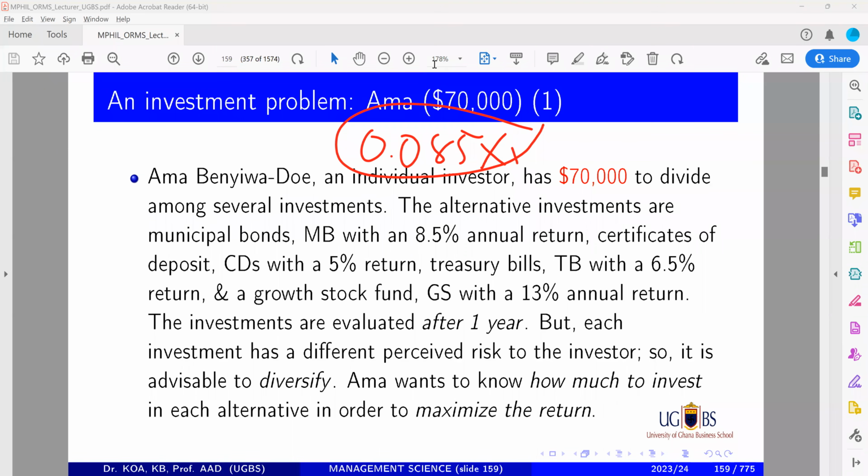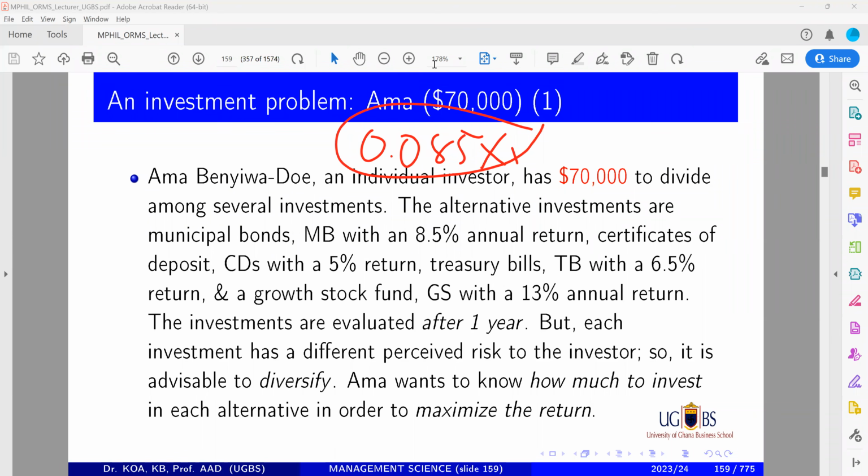I'm breaking things down for you. Tell me. The 0.085 is the coefficient, and then the 0.085 x1 is the total profit on x1, the total returns on the amount that she would invest.